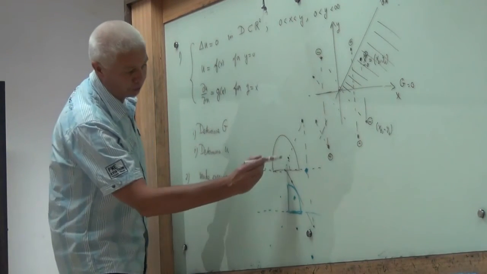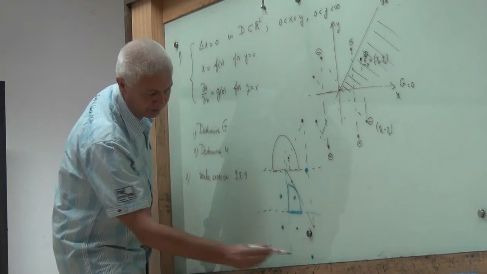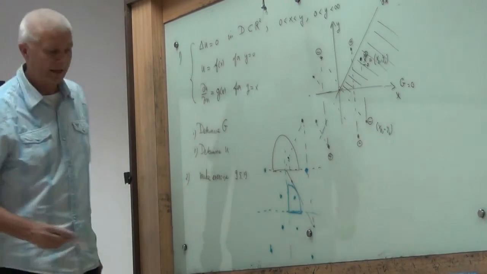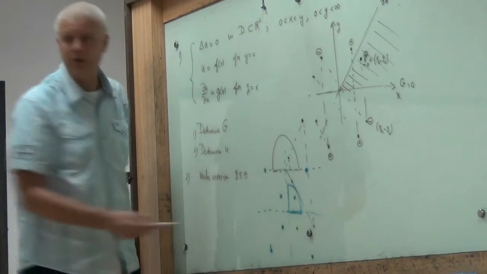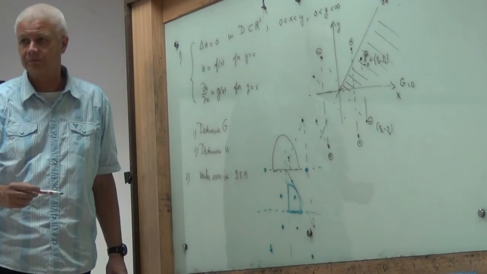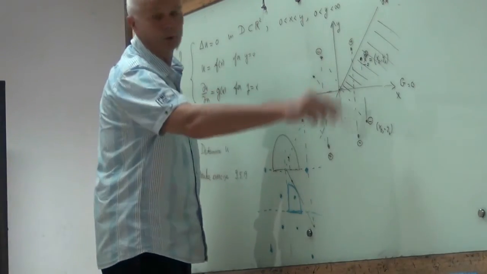Due to this line, this point needs to be reflected, and this point needs to be reflected. And then you check again, and then you see that you have all the reflection points. This has nothing to do with partial differential equations, but this is just pure mathematics. But this is the way you construct your Green's functions easily.